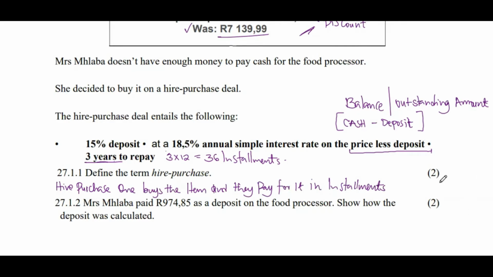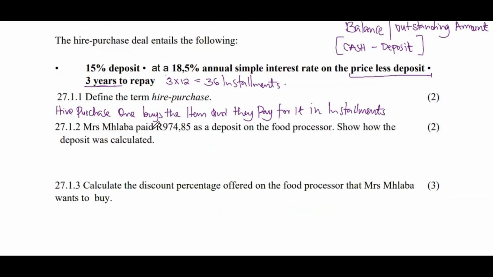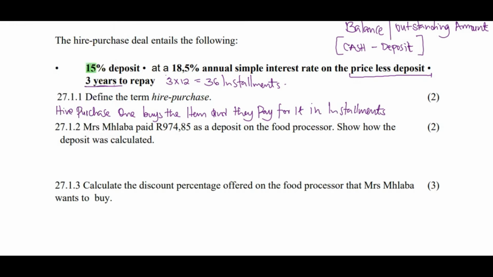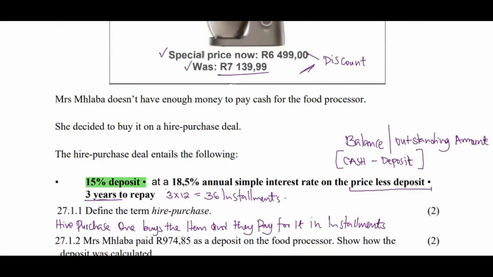All right. Mrs. Mhlaba paid 974 rands 85 cents as a deposit on the food processor. Show how the deposit was calculated. All right, here we go. We've seen that the deposit is 15%. Now, it will be 15% of the money that the person was supposed to pay.